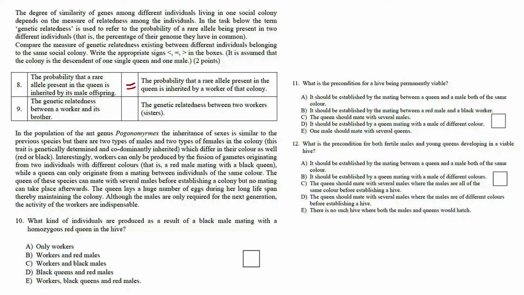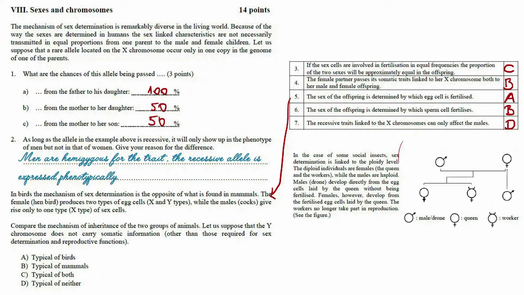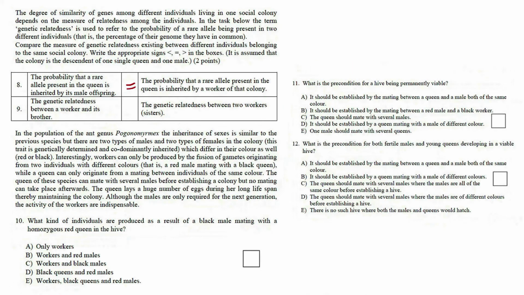At this point, it's useful to jump back for a second and remember what you read in this text about the males and the females, and if you know how they develop, actually it's easy to answer the question: the genetic relatedness between two workers will be larger than the genetic relatedness between the worker and its brother. Okay?